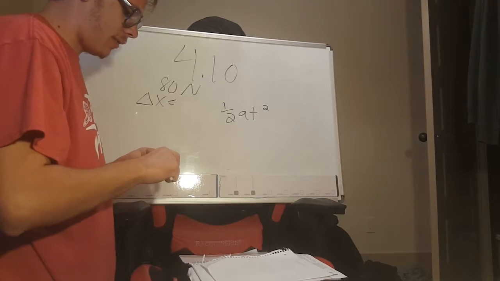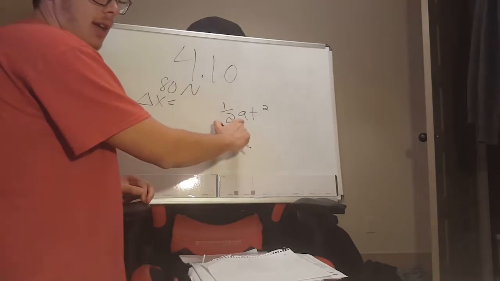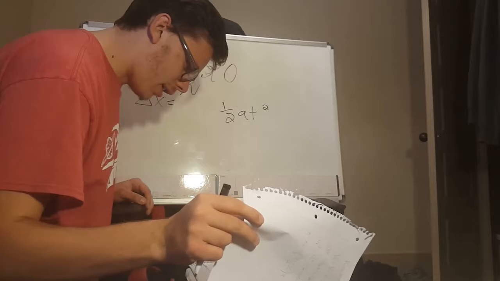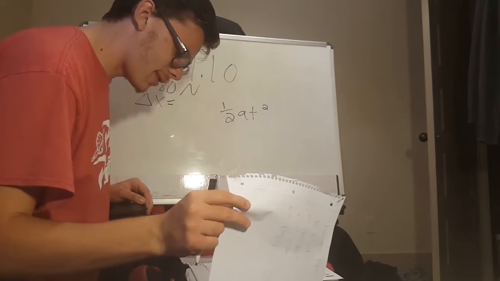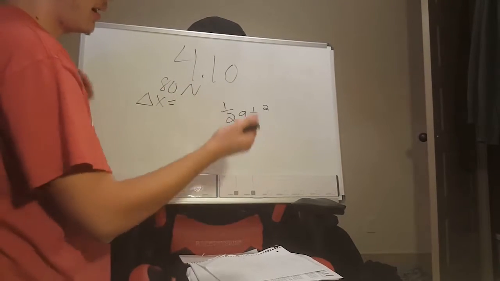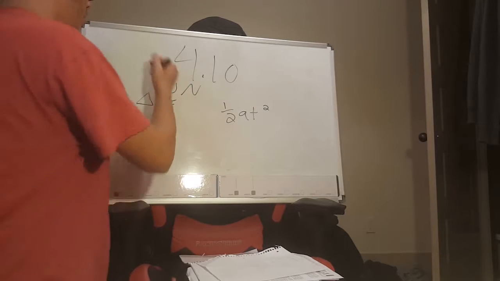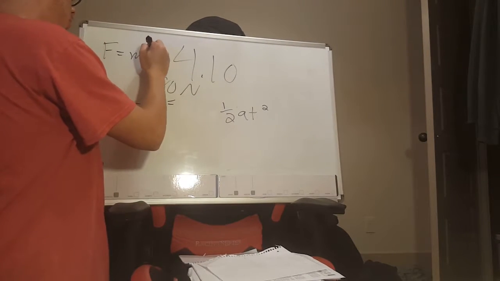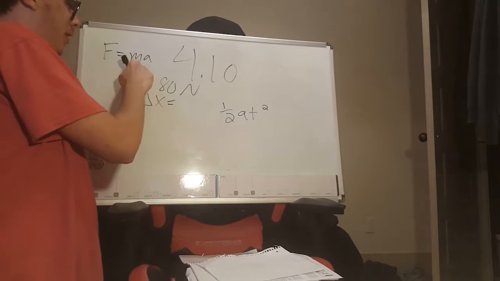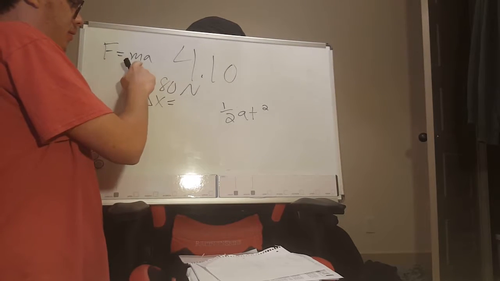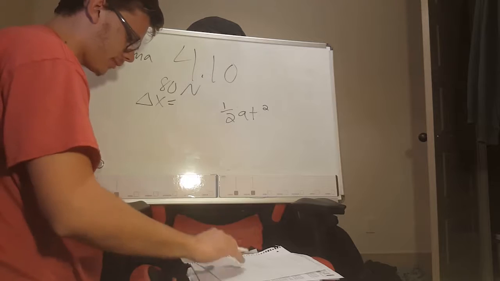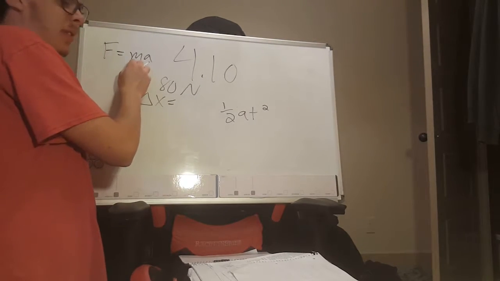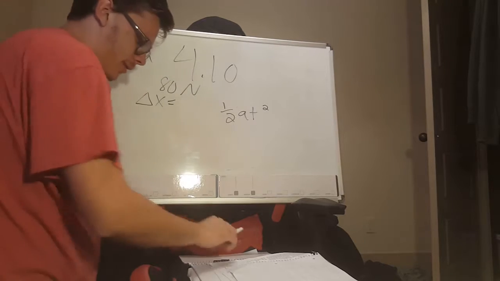And what we're going to solve for is A, because for part A, we want the mass of the block of ice. It's given us a force, and what we know is that force equals mass times acceleration. So we're given the force, we can find the acceleration in order to get the mass.